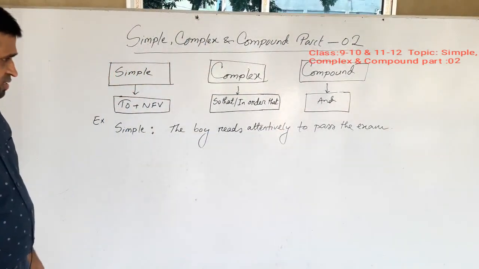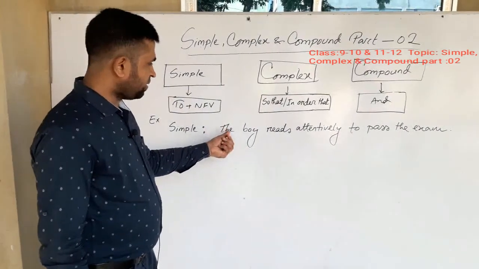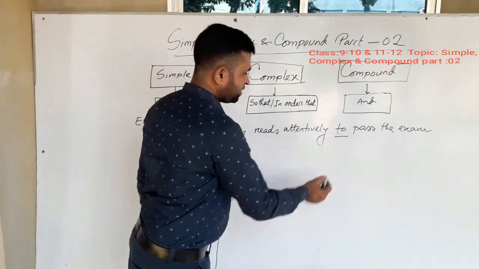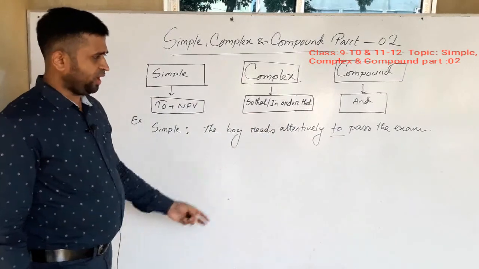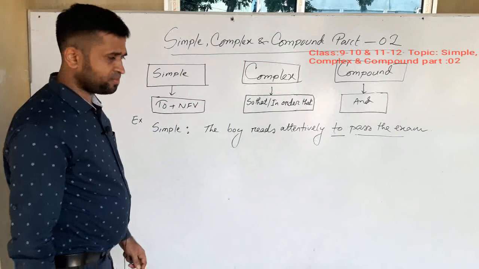Follow my examples. The boy reads attentively to pass the exam. Here you can notice there is a to, and the next part is a non-finite verb.